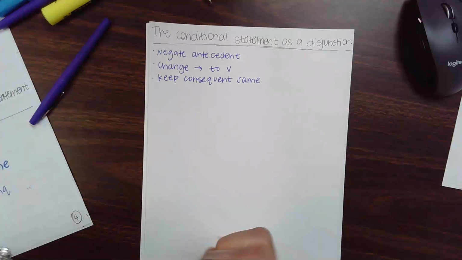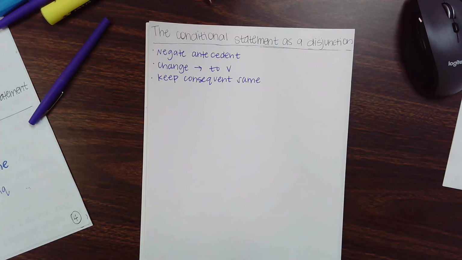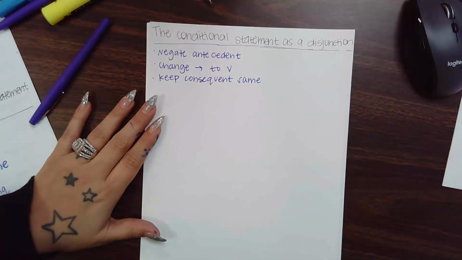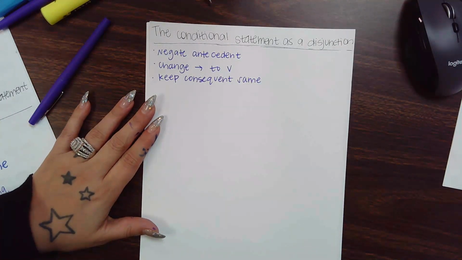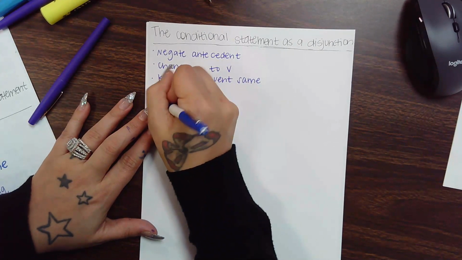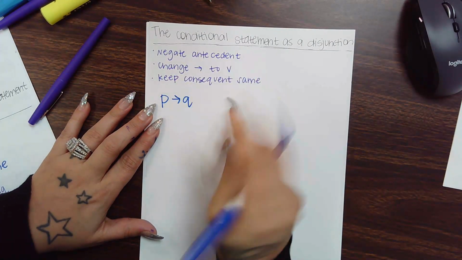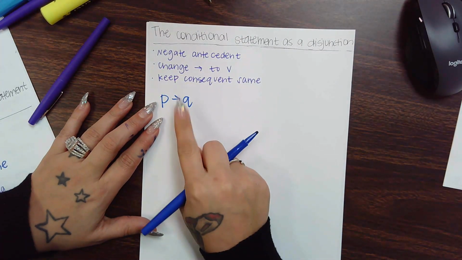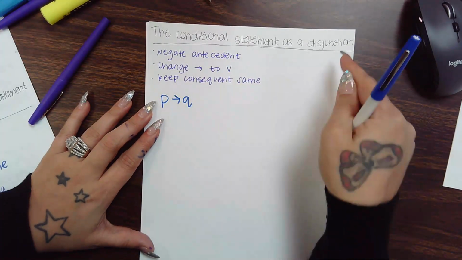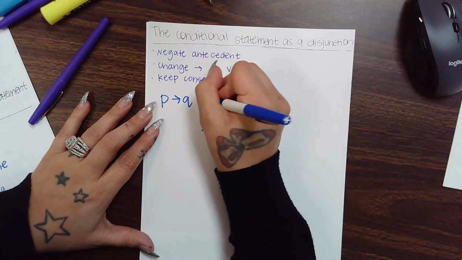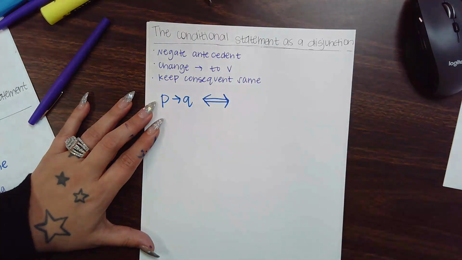And this is what that looks like. A conditional statement, y'all, it's up here, in the fifth and sixth columns. That's if P, then Q. This is a conditional statement. Well, there is a way to write this statement as a disjunction, and they end up being the exact same thing; they're equivalent to each other.